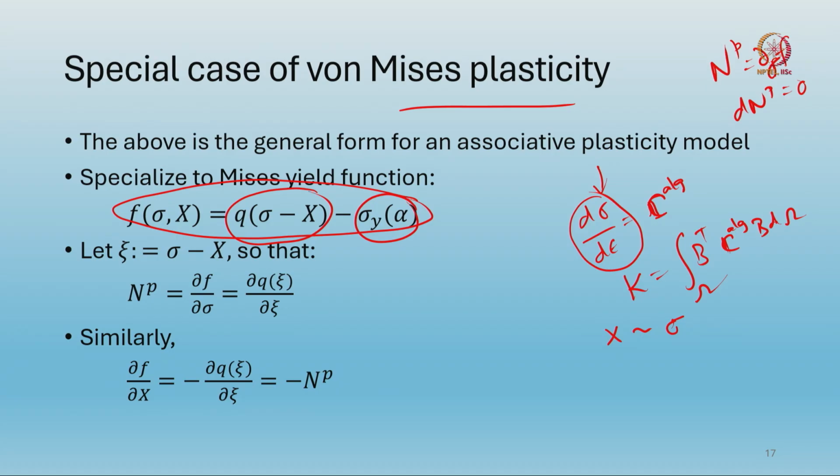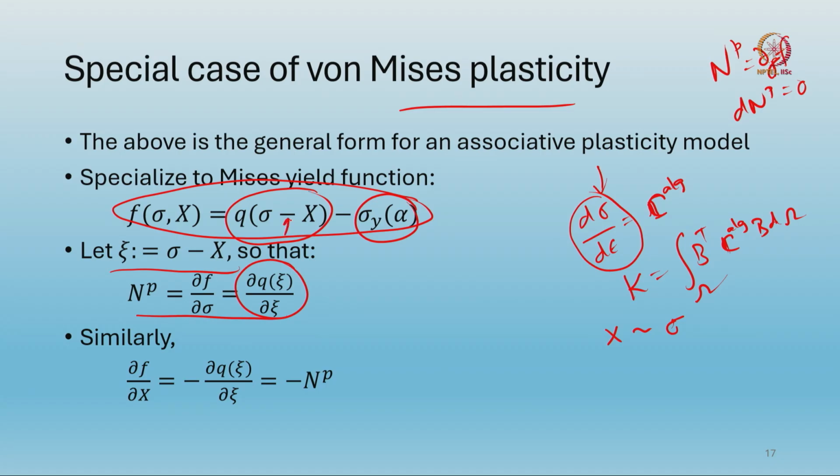Okay. So let us define the centered sigma as xi, so that we can simply write Q of sigma minus X as Q of xi. So the flow direction is del f by del sigma, which is basically, because sigma y is just a function of alpha and not of xi, therefore I can write del f by del sigma is del Q by del xi. So similarly I can also write del f by del X, because there is a minus sign before X here.